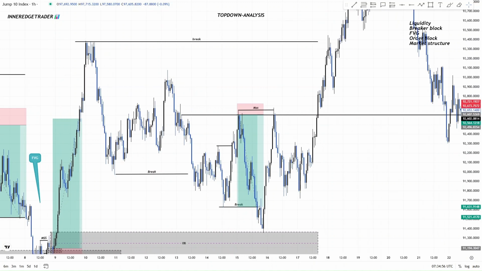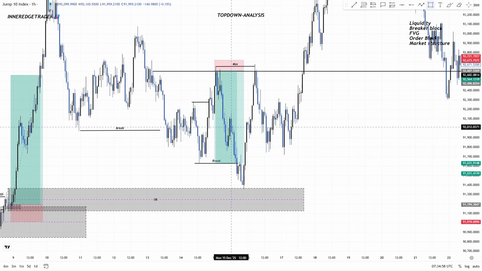So after the market shift, we're expecting a retest to this other block.